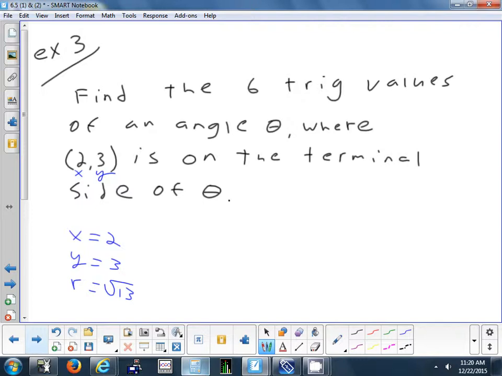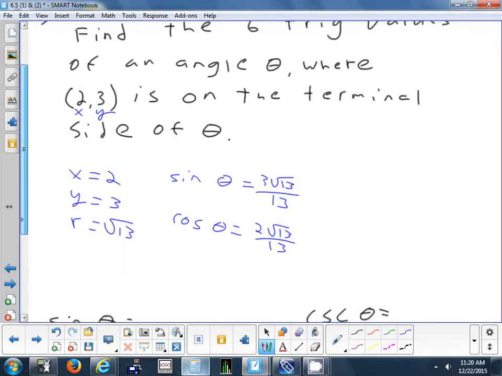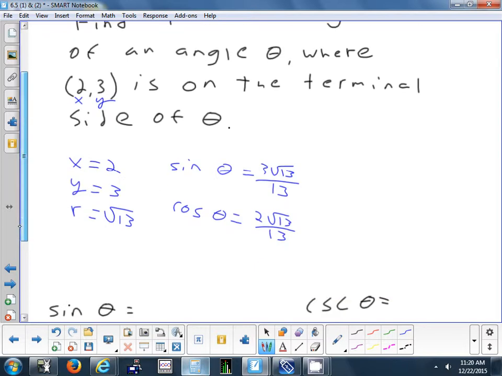All right, so what's the sine of theta? 3 over square root of 13, which is 3 square root of 13 over 13. Cosine theta? 2 square root of 13 over 13. And tangent of theta? 3 over 2.